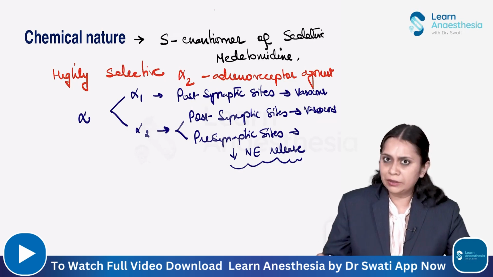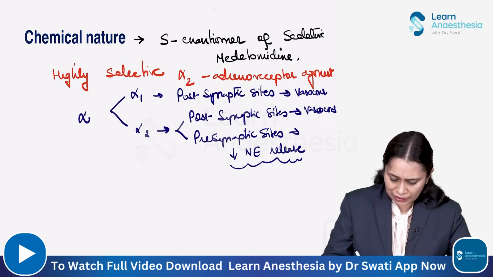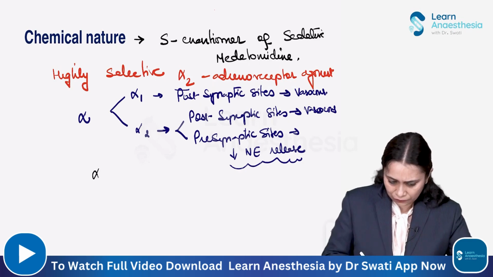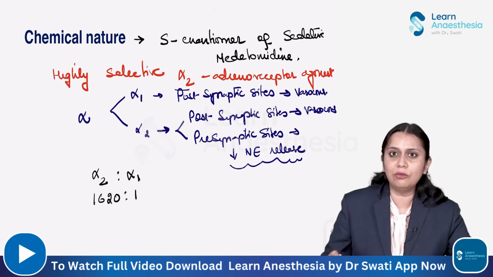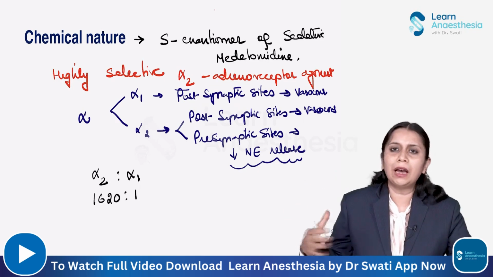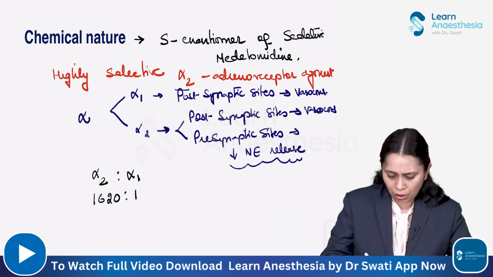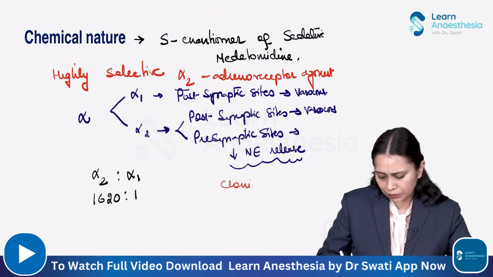And dexmedetomidine is highly selective for the alpha-2 adrenoreceptor. Its selectivity for alpha-2 relative to alpha-1 receptor is said to be 1620:1, right? 1620:1. If I ask you, please tell me another selective alpha-2 receptor agonist, your immediate answer would be clonidine, right?